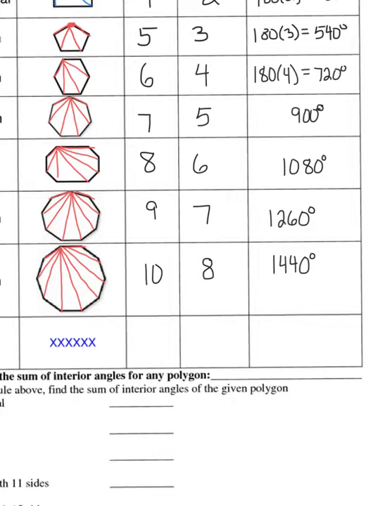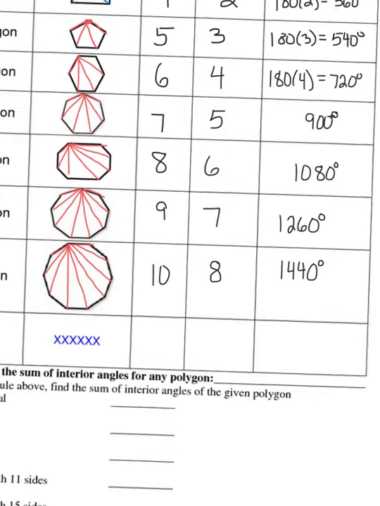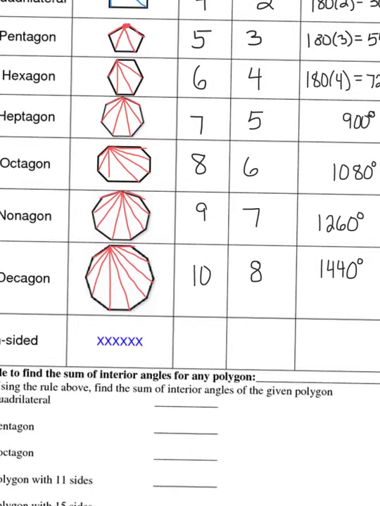So this is great, but obviously you don't want to have to draw out your shapes every single time. And if you've been looking at the pattern, hopefully you started to notice that when you have an n-sided shape, or an n-gon, it's going to have n number of sides. The number of triangles, if we look at the relationship this way, is always 2 less than the number of sides.